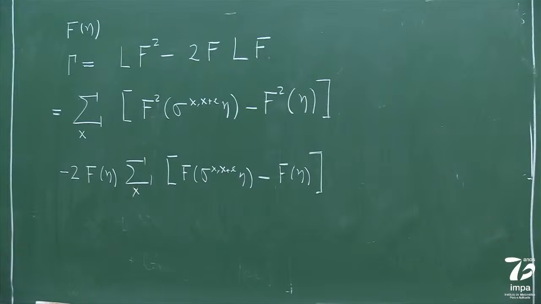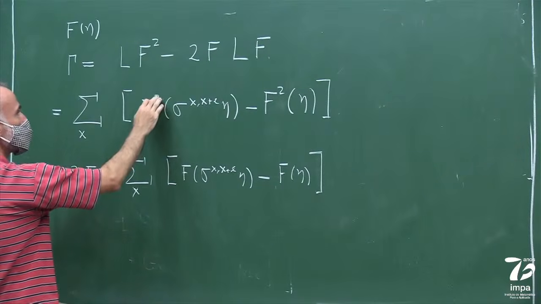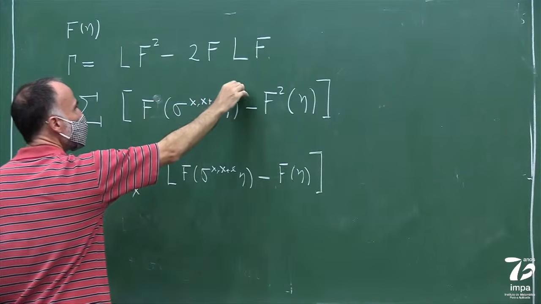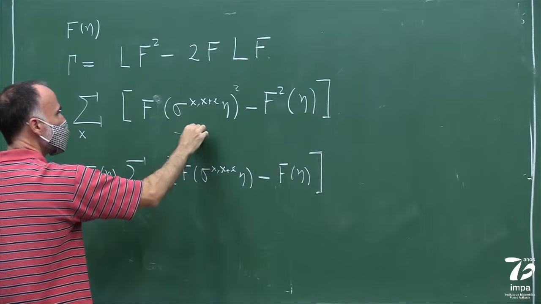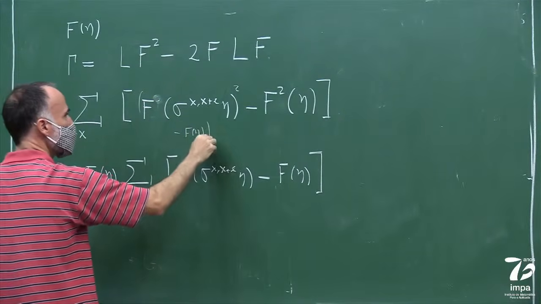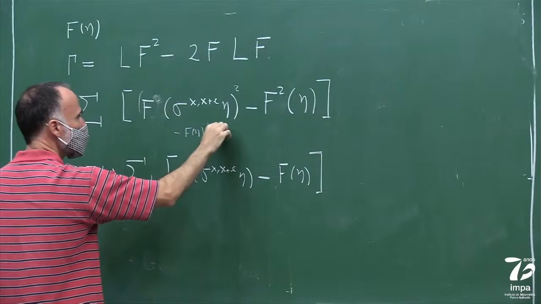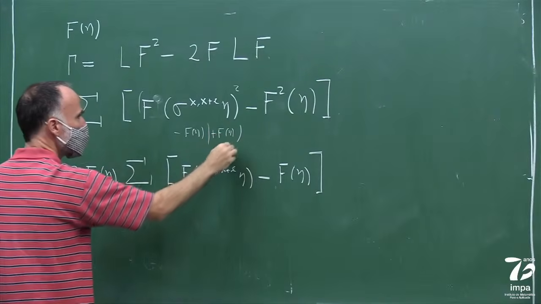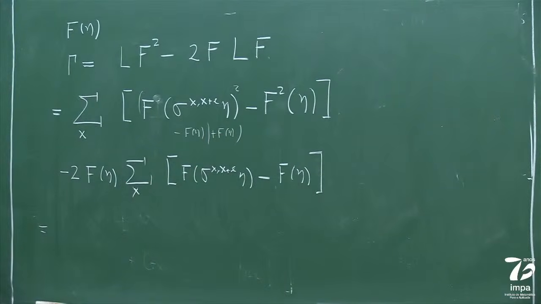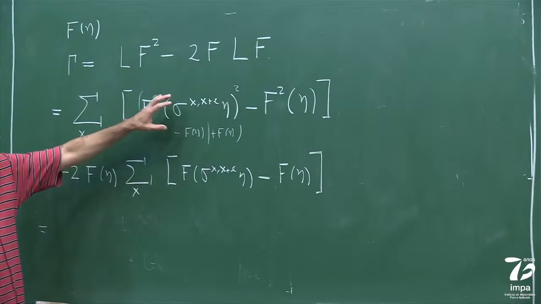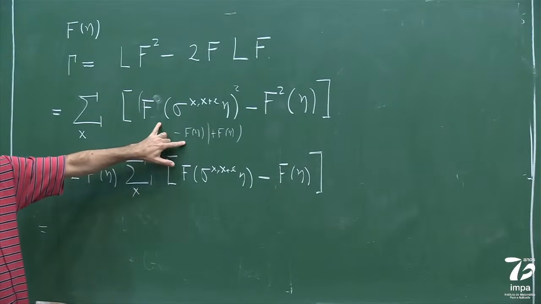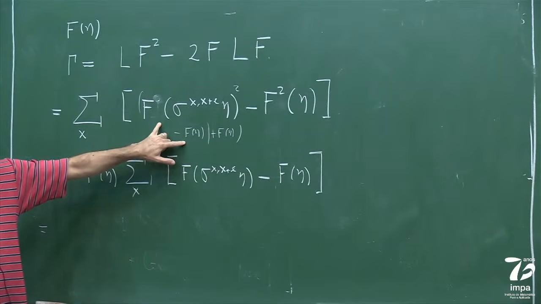Okay. And what I claim is that this is equal to the following. Take the square, minus f of eta and plus f of eta. So when you compute the square, what you get is first the square of the difference.